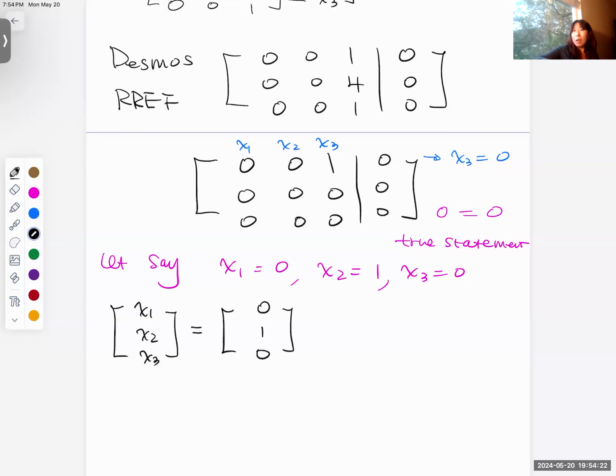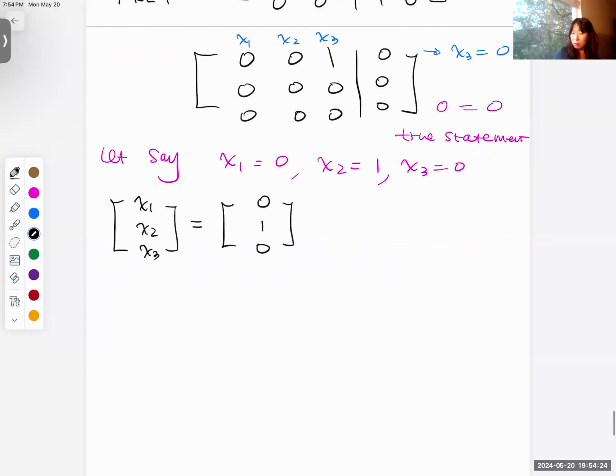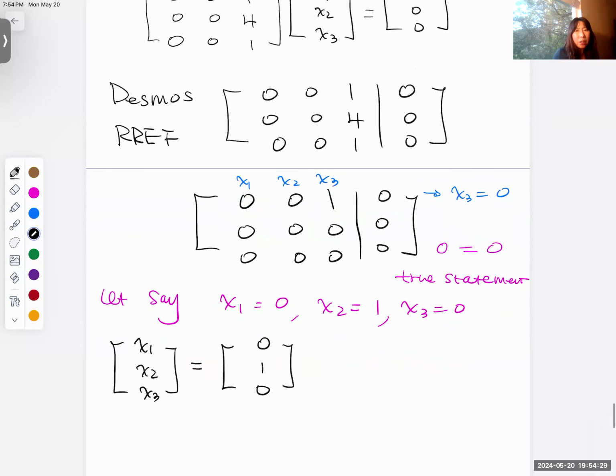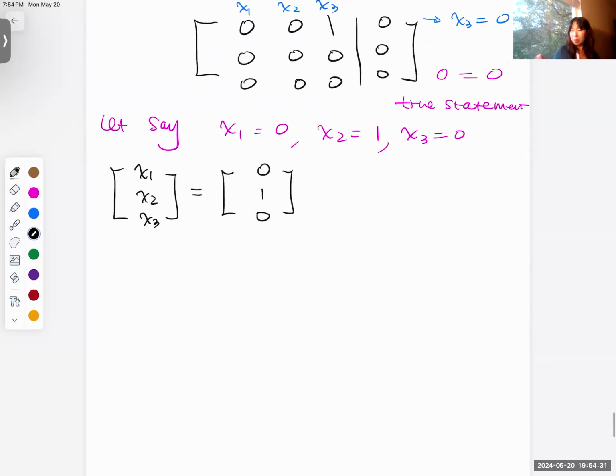Okay, how about the second one, the third lambda? We have lambda equal to 0.